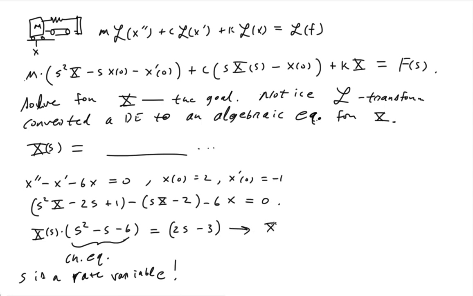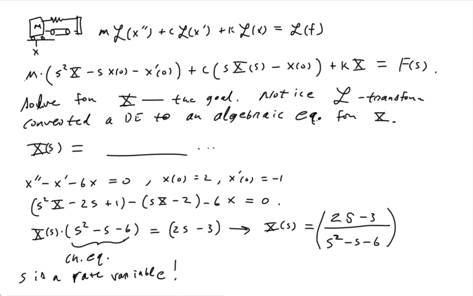Now X of s is equal to, well, we can write that down then. It's going to be 2s minus 3 all over s squared minus s minus 6. All right, so that looks like a nice equation.